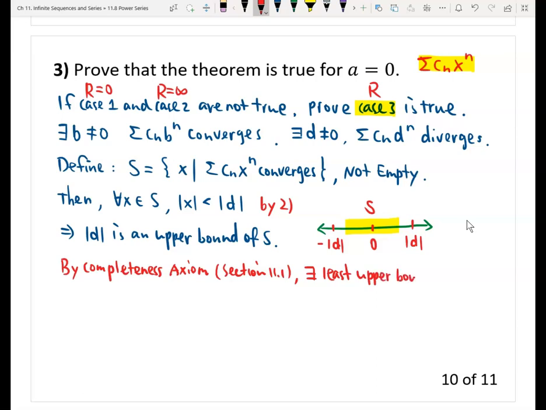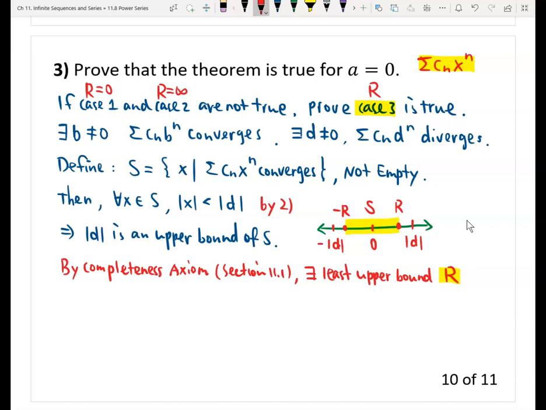Let me denote it as R. And now this R is exactly what we need. Let me highlight where R is. You can see R is here, and this point we're going to say is negative R. R is a positive number. Okay, that makes sense.